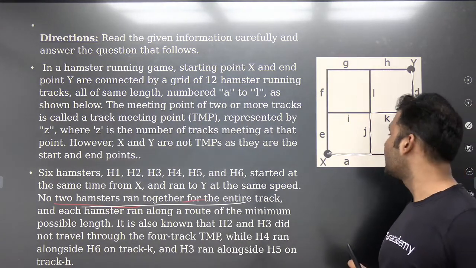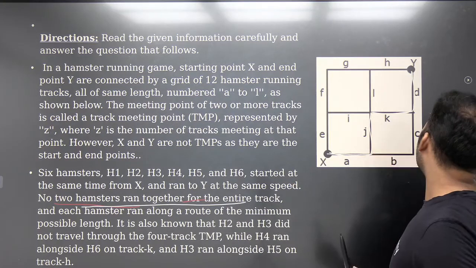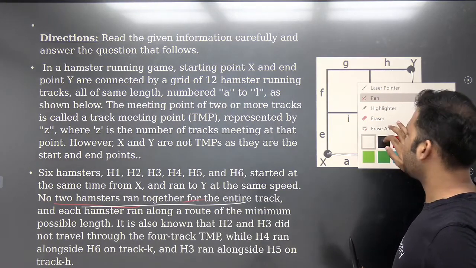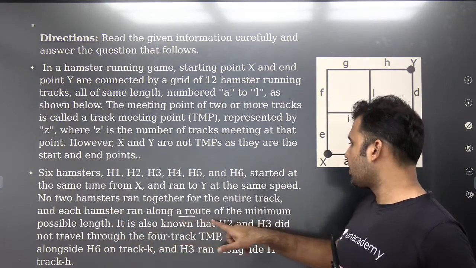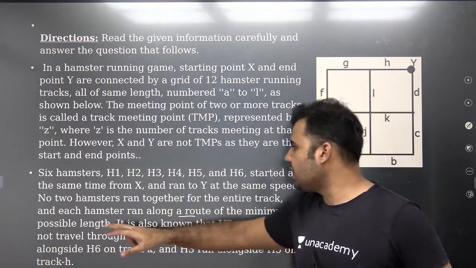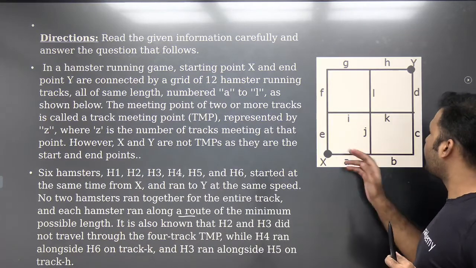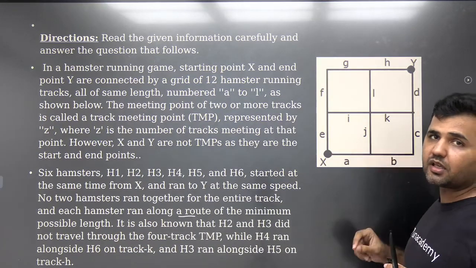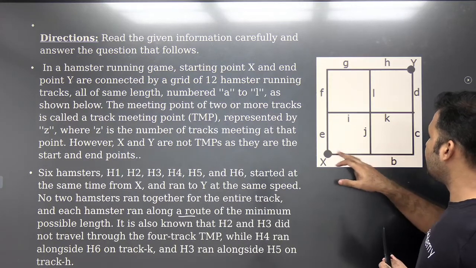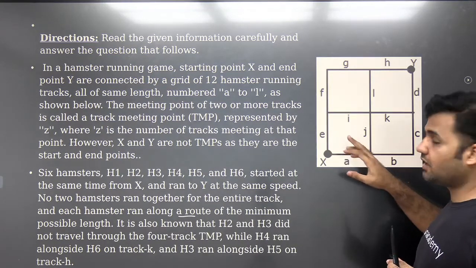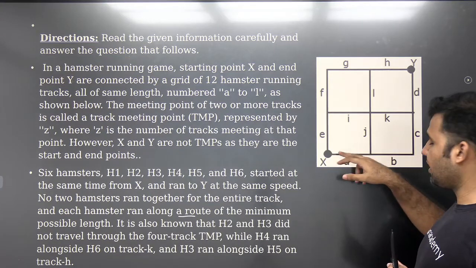No 2 hamsters are running together for the entire track. Okay, condition number 1. Second, it says each hamster ran along a route of the minimum possible length. Now you see that from X to Y, every hamster needs to run on 4 tracks, right?